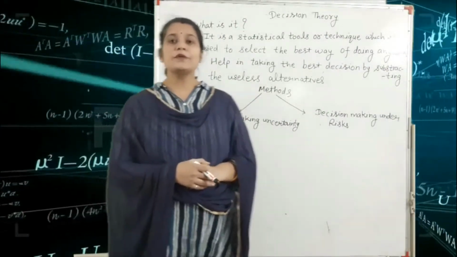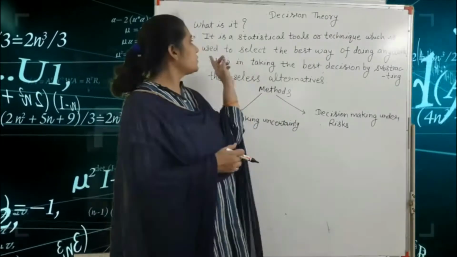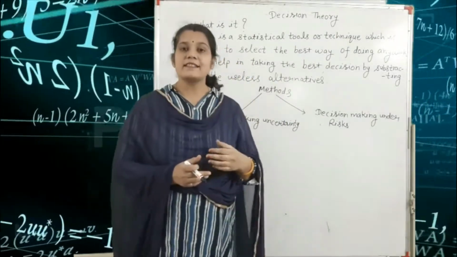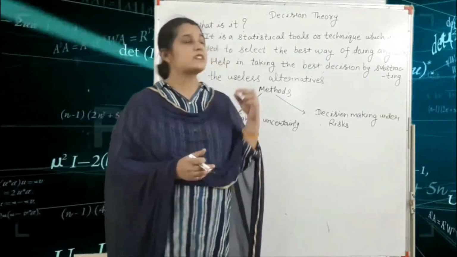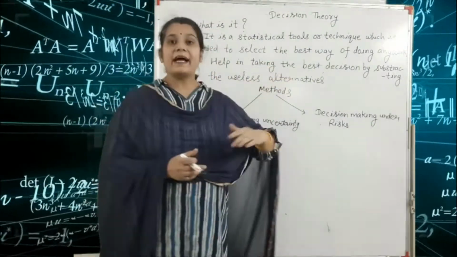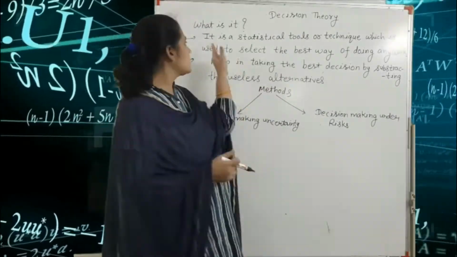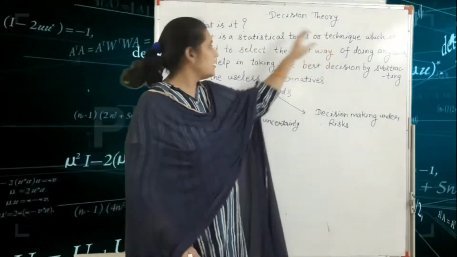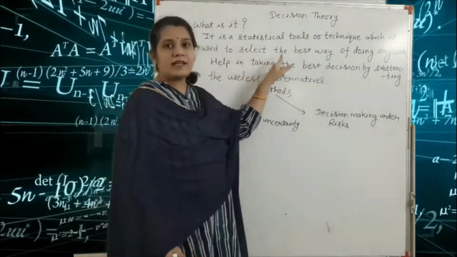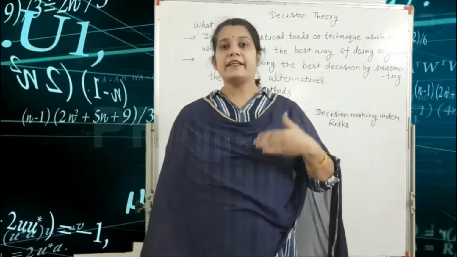Okay, so what is decision theory? Decision theory is a statistical tool or technique which is used to select the best way of doing any work.